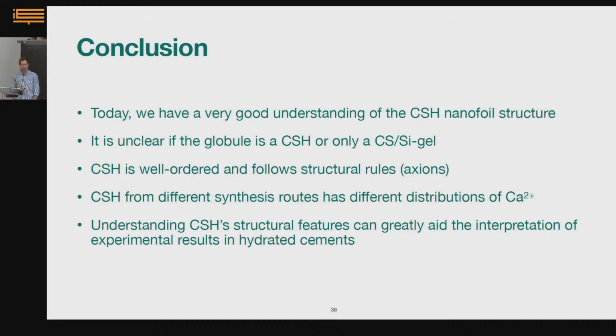We're talking about the thickness, about how defective it is, but I know it's impossible to always do it because NMR hours cost a lot and take a long time. So that's another thing where we need a better approach. And hopefully with the last 3 slides, I convinced you that it's important to understand the CSH structure of futures, because they can really help the interpretation of experimental results in hydrated systems.